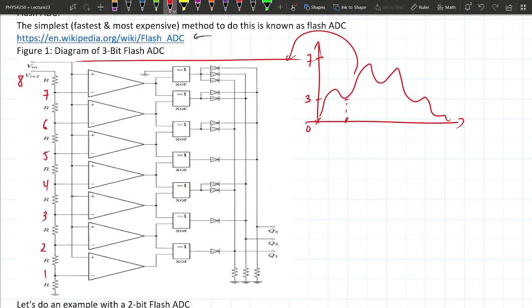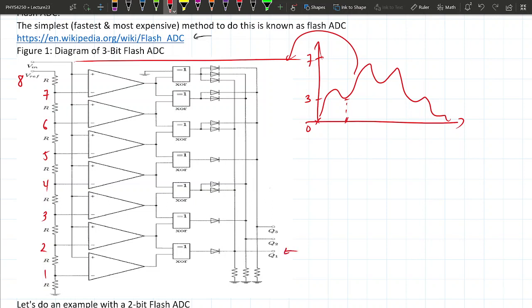That means the last two of these comparators are both outputting high. Exclusive OR of high and high is 0, so that is connected to Q0.